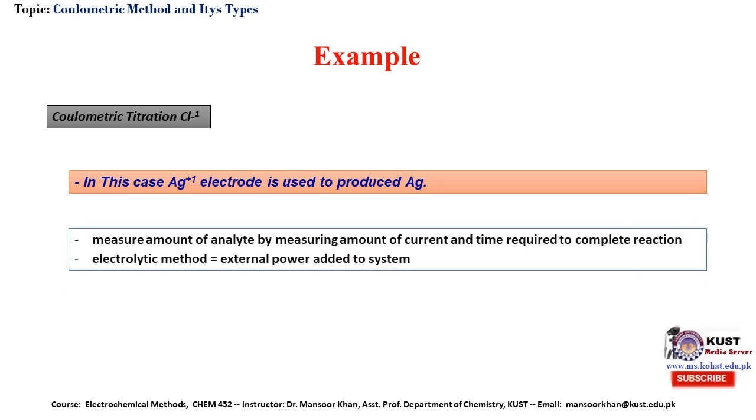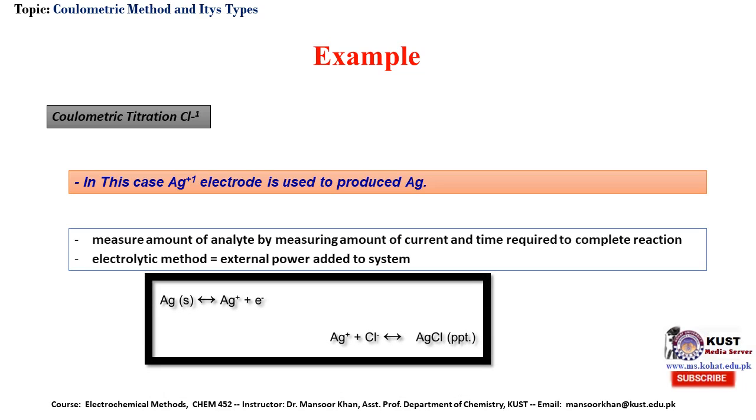We measure the amount of analyte by measuring the amount of current and time required to complete the reaction, the same as we studied in the previous lecture. This is the overall reaction. The Ag is first converted into Ag+ ion, and then the Ag+ combines with Cl- and leads to the formation of AgCl. So the amount of Ag converted to AgCl is used as the basis for the concentration of the chloride.